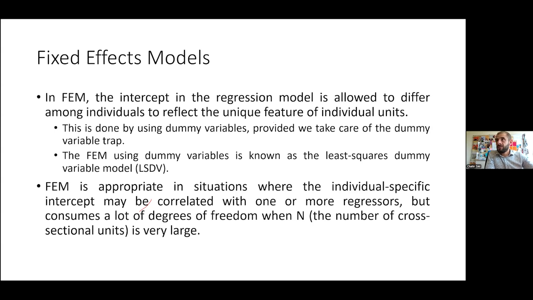So if I have 10 individuals, I will introduce in my model 9 dummy variables, right? And this will reduce the part that was included in the error term. So is the general rationale of fixed effects clear? Any questions or anything that's not clear? Any questions?